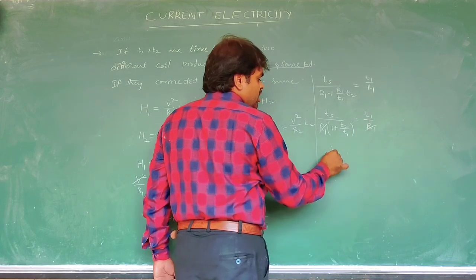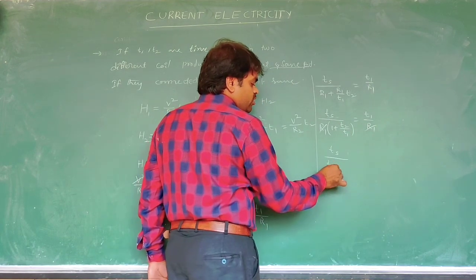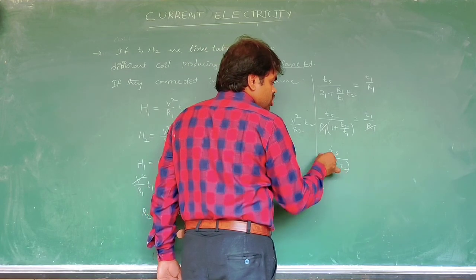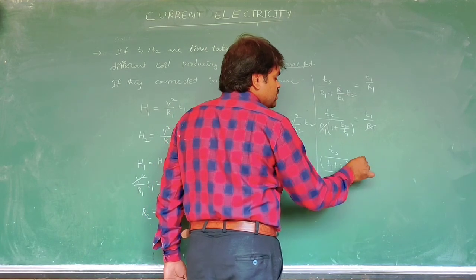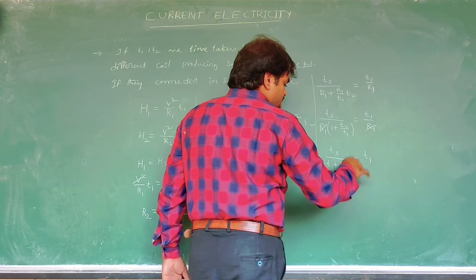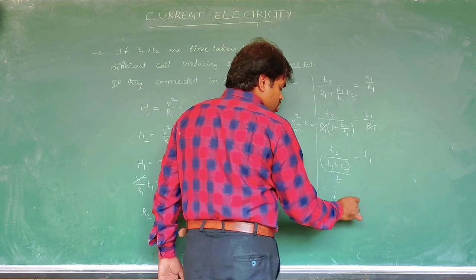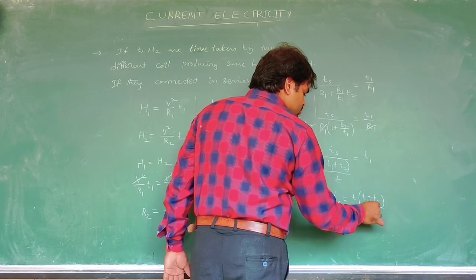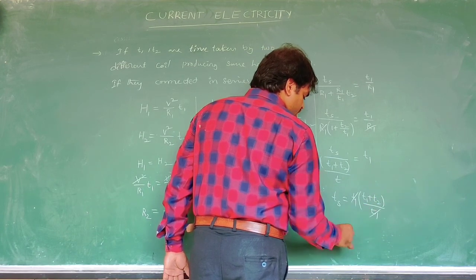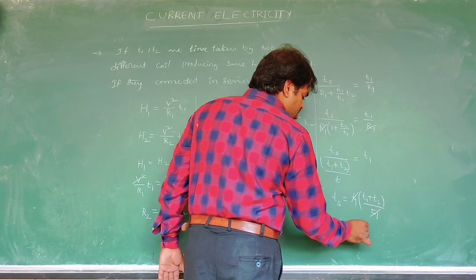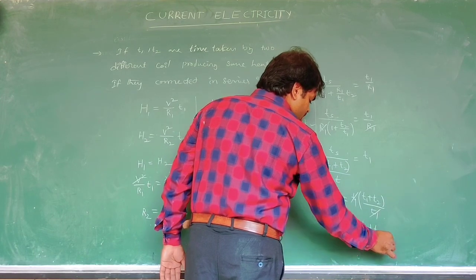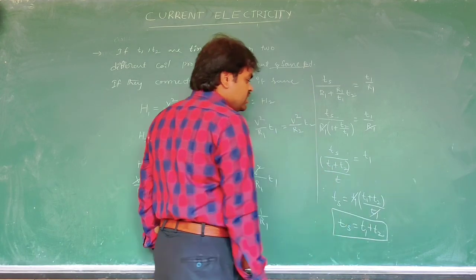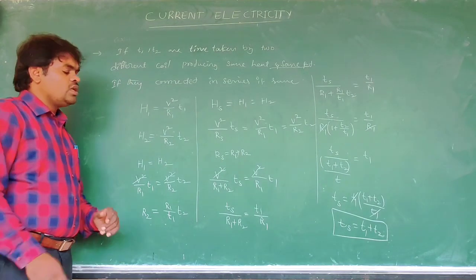R1 cancels. Taking the LCM, TS into T1 plus T2 by T1 is equal to T1. Then by cross multiplication, TS is equal to T1 into T1 plus T2 by T1. T1 cancels. So in the series combination, the time period is T1 plus T2.